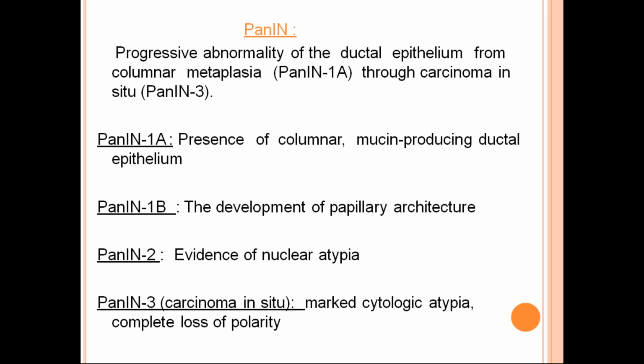So pancreatic intraepithelial neoplasia 1A, 1B, 2 and 3. In 1A, columnar mucin producing ductal epithelium will be present. In 1B, there will be development of papillary architecture. In 2, evidence of nuclear atypia will be present. In 3, there will be carcinoma in situ, marked cytological atypia with complete loss of polarity. Later it goes to invasive.